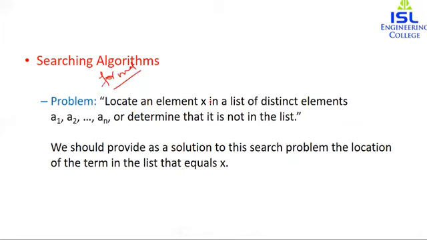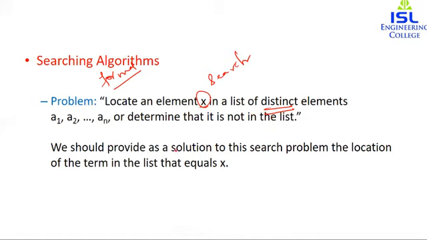Locate an element X in a list of distinct elements, which means that every element in your set is different, A1, A2, up to AN, or determine that it is not in the list. So we have to search for element X, and if X is not there, then we have to inform that we don't have the element X in the list.